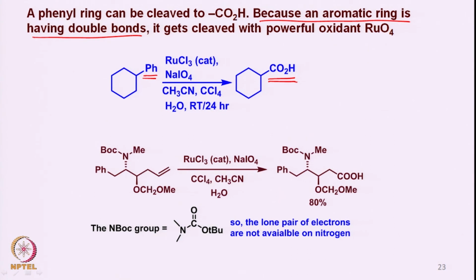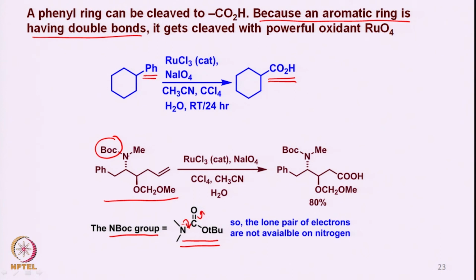Now, here we have another example in which we have a lone pair of electrons on the nitrogen blocked by the use of a protecting group, which is a Boc group, where the lone pair of electrons on the nitrogen is in conjugation with the carbonyl group.